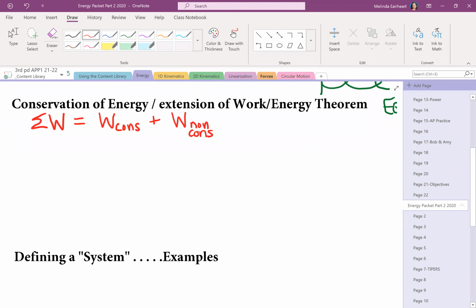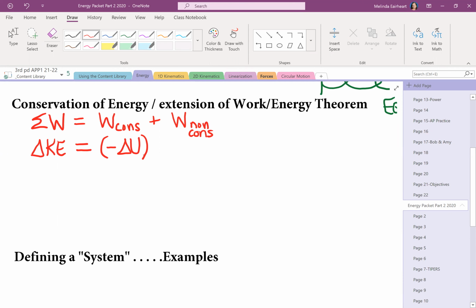Well, let's plug in those energies, see what happens. Net work, we can plug in change in kinetic. Conservative work is equal to a negative change in potential. Now, I'm not using a subscript there because I'm collectively including gravity and springs. And then the work done by non-conservative forces was a change in mechanical, which was kinetic and potential.